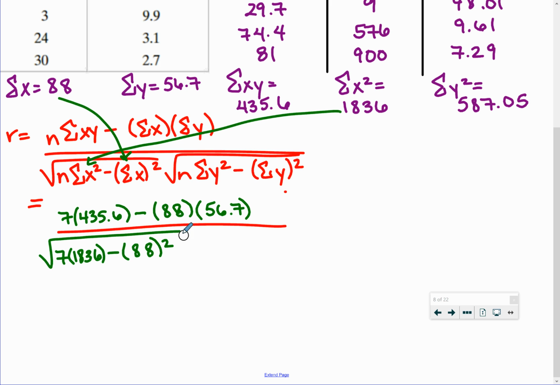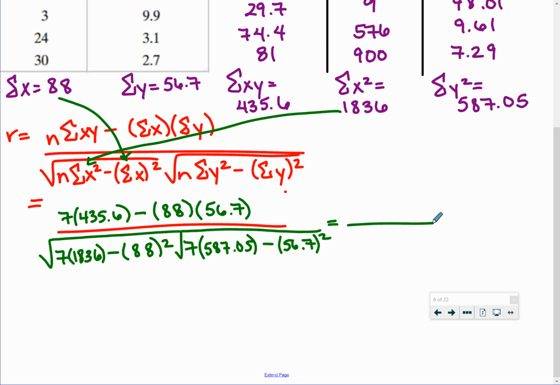That's one you have to be careful about which one's which. All right, and then same thing with the y's. N times the sum of y squareds, which was 587.05, minus the sum of my y's, 56.7 squared.